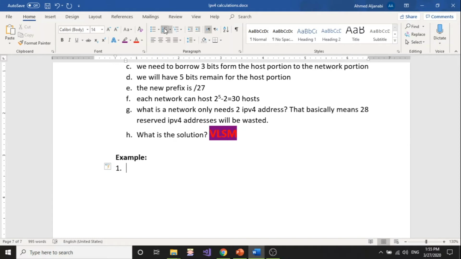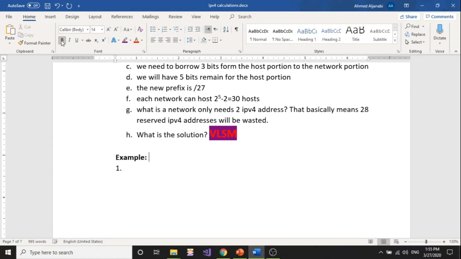Pay attention to this chapter. Read, finish all the labs and exercises about this chapter. This is extremely important. So let's go ahead and have this example. Let me just write a note here so I don't forget about something. Okay, let's go back and start with the example itself.